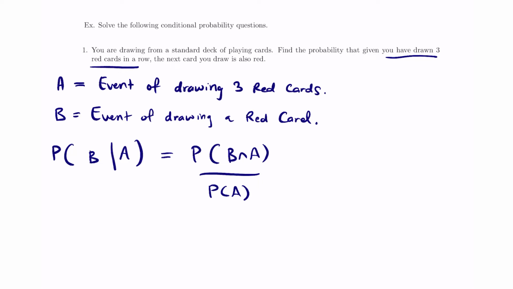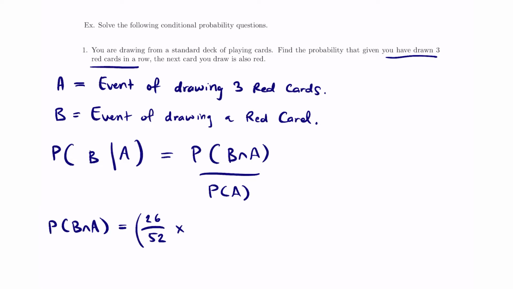Okay, so now we can look at actually calculating this probability. First thing we need to know is the probability of B intersect A. Now, what's this probability? Well, it's the probability of first drawing 3 red cards and then drawing another red card, that's the event of drawing 4 red cards. So the probability of drawing 4 red cards is, well, we start with 26 over 52 red cards. Then we go down one, right?